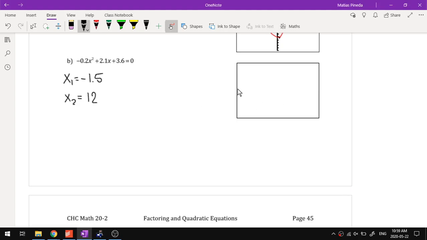Now I'm going to sketch it out here. There's our x-axis, and because we changed the x-max, the y-axis wasn't entirely centered. And our x-intercepts at negative 1.5 and 12 are going to be somewhere over here.